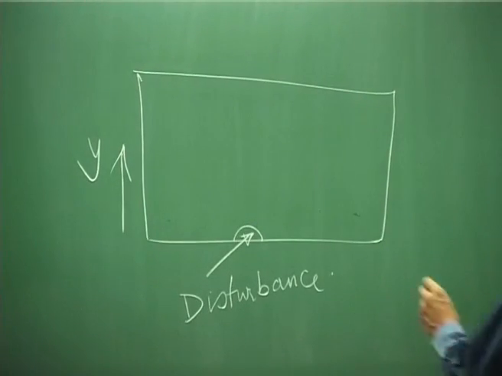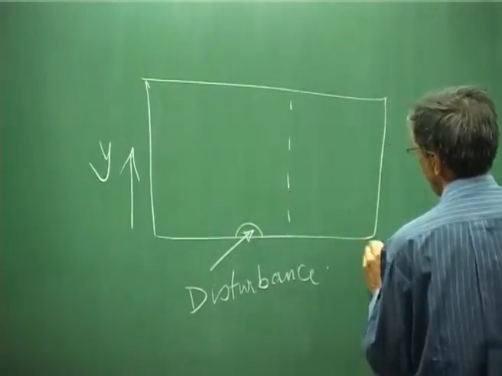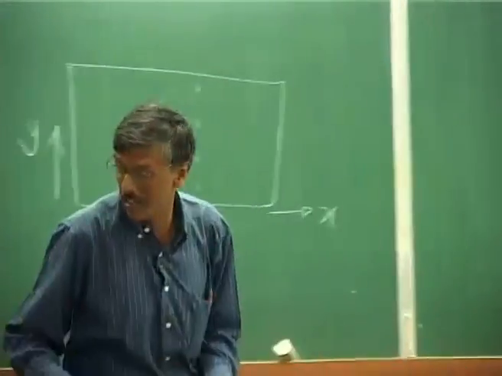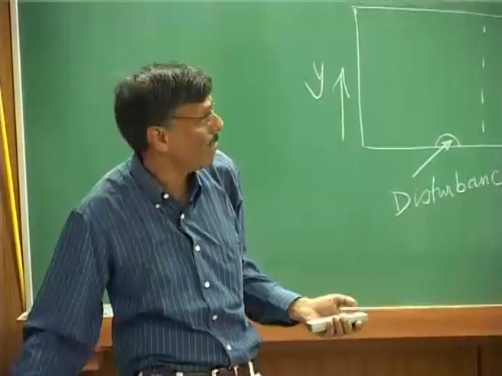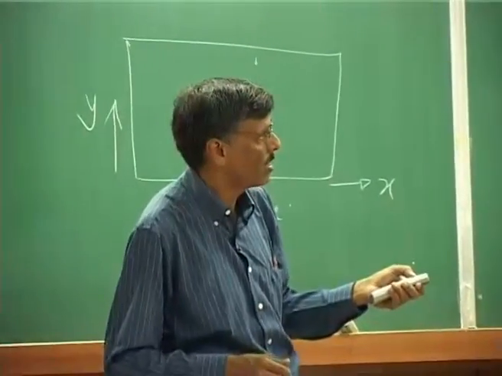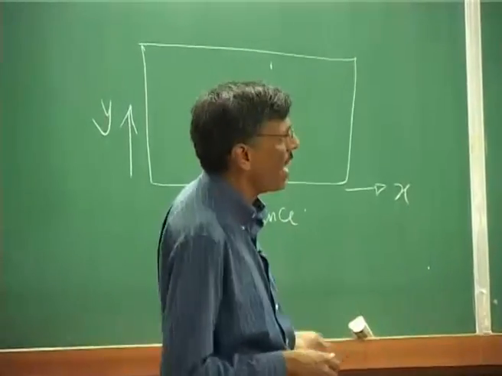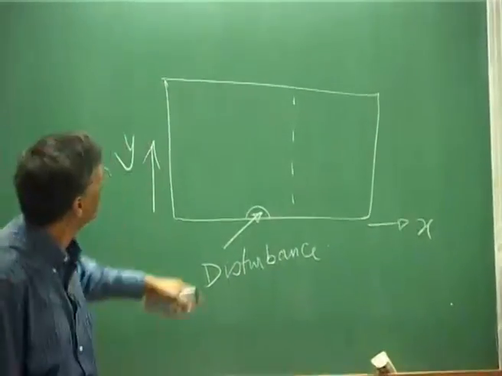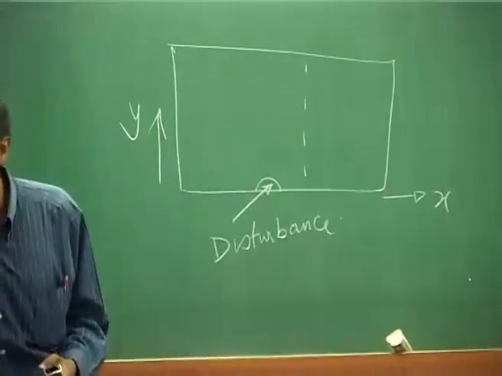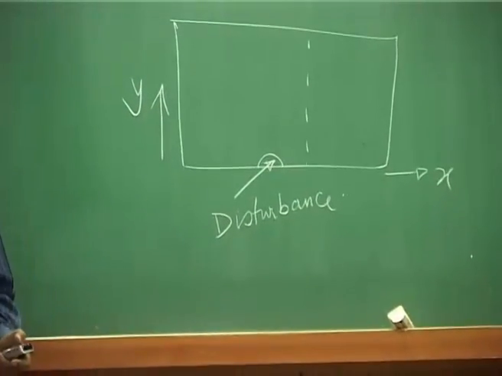So, if I am following a constant x line, and I have that differential equation like this, this is variation with respect to y for a fixed x. Then as I go away from the source, of course, those two disturbances would decay.